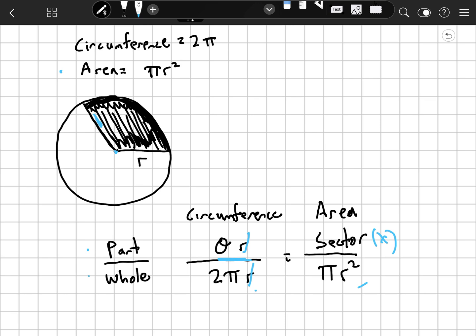Okay, so let's go ahead and do some cross multiplying. We've got theta times pi r squared equals 2 pi r times, we'll call it x, that's our sector area. So we multiply those, and let's divide by 2 pi r.